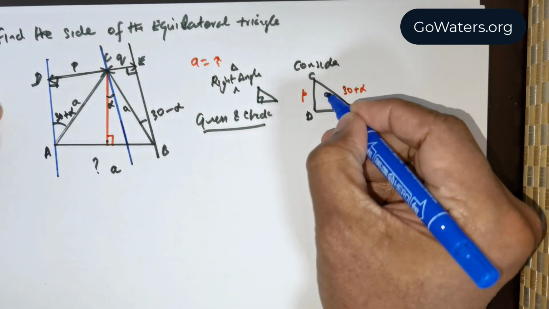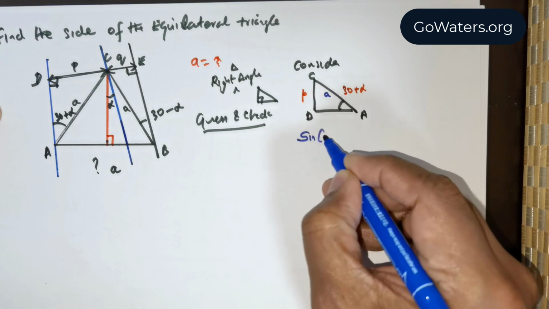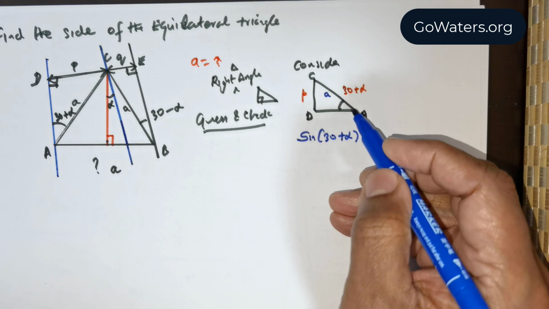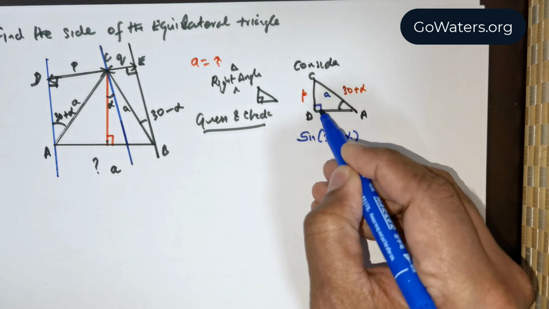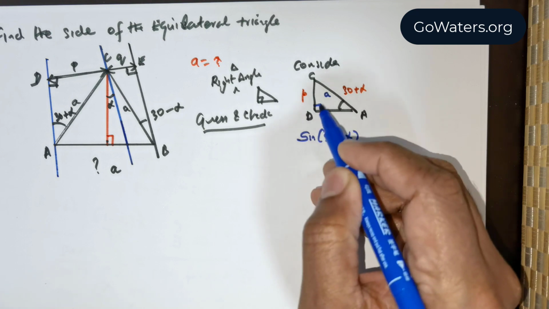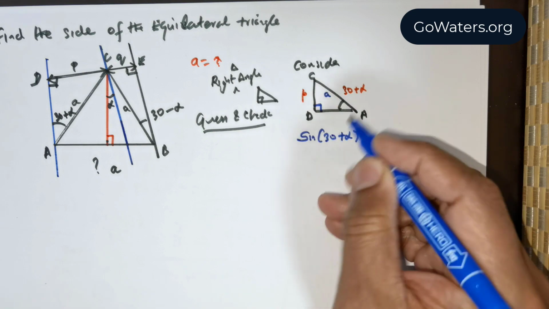Let me write that. That is going to be A units. So what I'm going to do, I'm going to use sine of 30 plus alpha. Why am I using this, or how am I able to use this? We are able to use it for the very fact because it is a 90-degree angle. There is a 90-degree angle present here by the rule of right triangles, and sine is a trigonometric ratio.